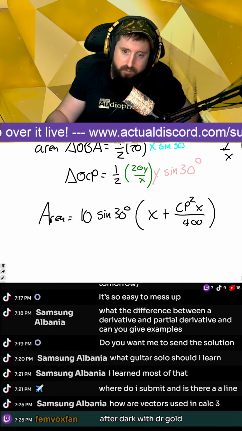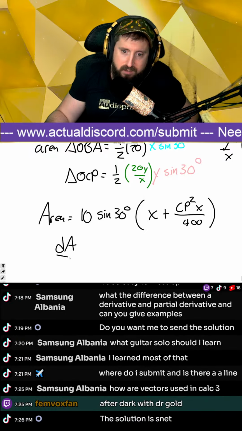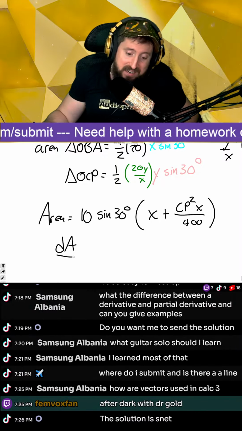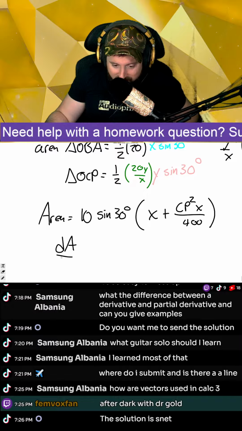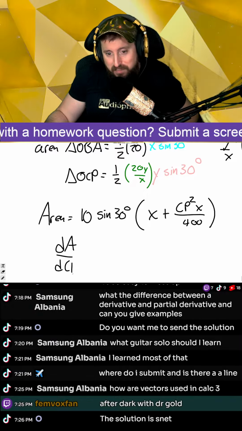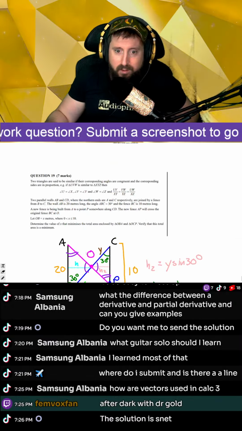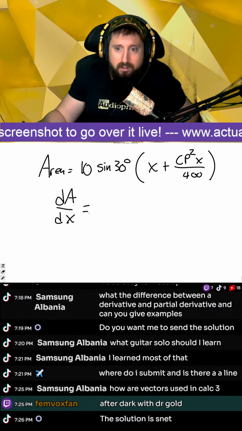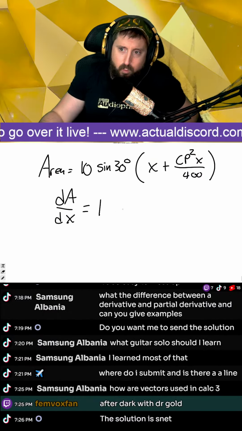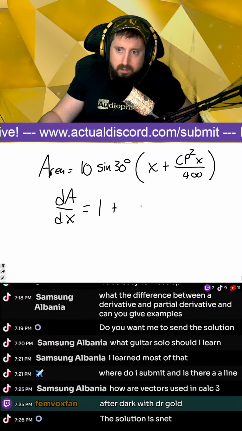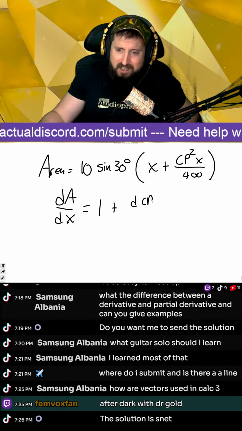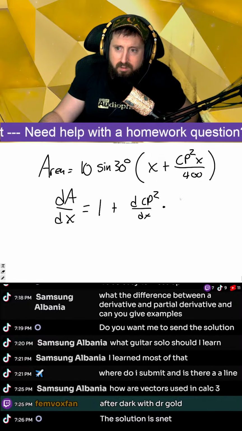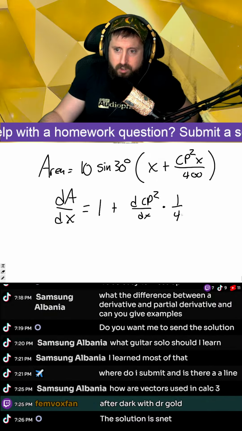I guess x has restrictions on it, though, right? Because if I were to take the derivative, so dA dx... Well, no, it's dA dCP, right? Because I want to figure out... No, I want to figure out the value of x. Sorry, so dA dx, which would equal 1 plus dCP squared dx times 1 over 400.